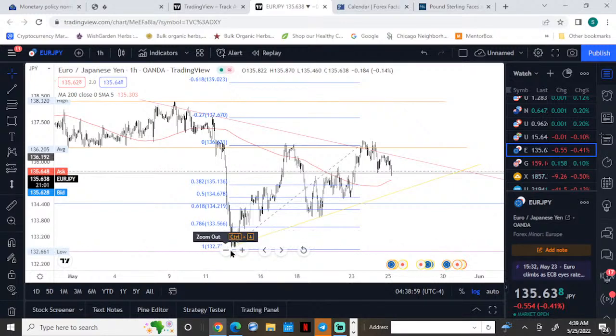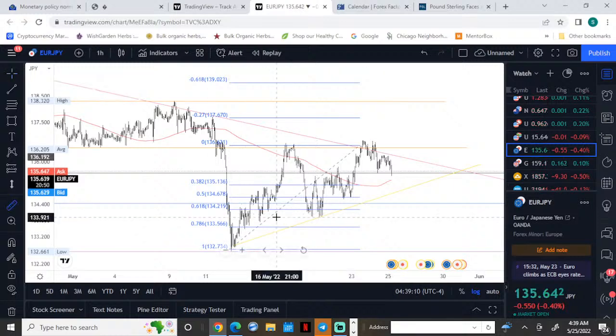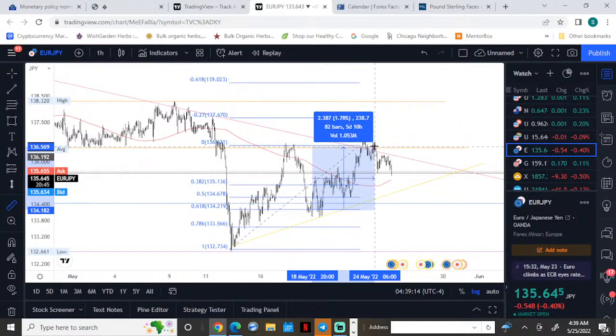We have point A of the fib here, point B here, price retraced to the 618 and gave a double bottom. Came back up to TP1 for 240 pips.